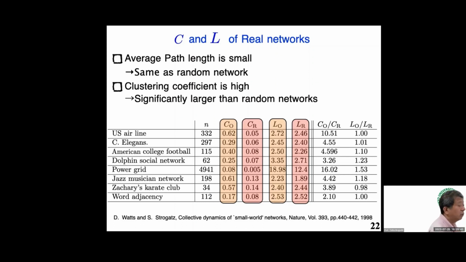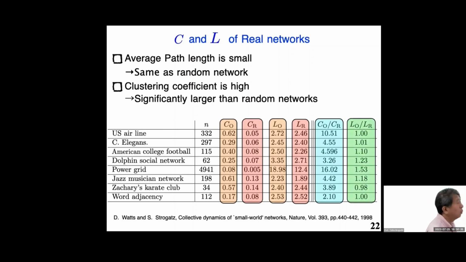We calculate the ratios C_O to C_R and L_O to L_R, and we can evaluate the small world properties of these real networks. Actually, we can see that the ratio of C_O to C_R is very large, and L_O to L_R is approximately unity. So we can conclude that these networks have small world properties.